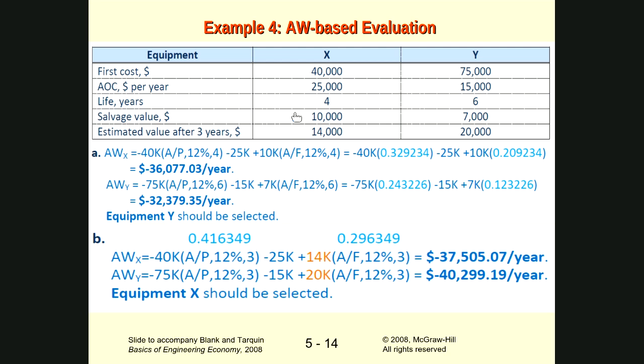In this case, equipment X is the better option compared to Y. It is different than part A, where Y was better than X. This is because it was used for a shorter time, and in this case X was more economical than Y. It seems Y needed more time to recover its investment and to be better than X for a longer period, because it will be for 6 years compared to X, which is 4 years.